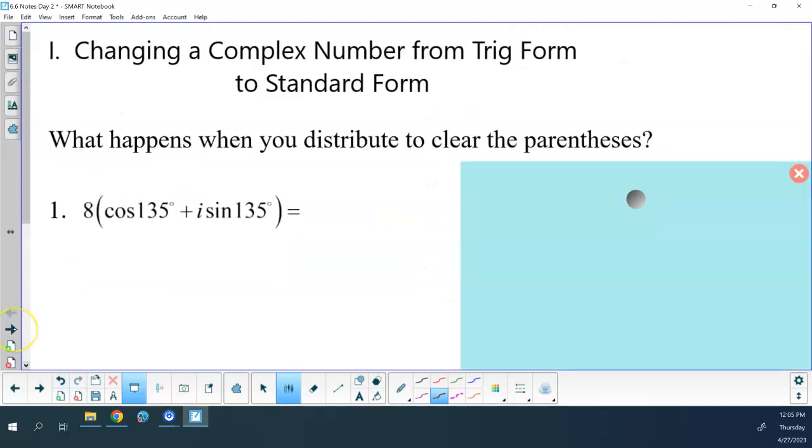Okay. All right. So yesterday in class, what we did is we started with a complex number in standard form. Then we put it in ordered pair form. Then we put it into trig form. Today, we're going to have a complex number in trig form.